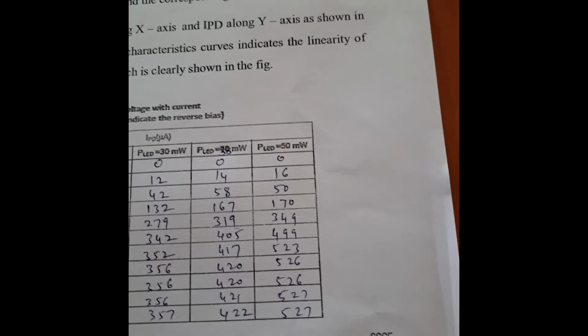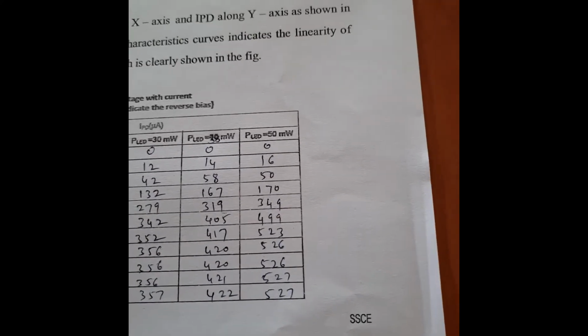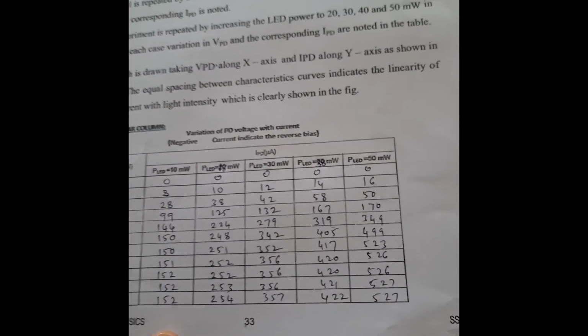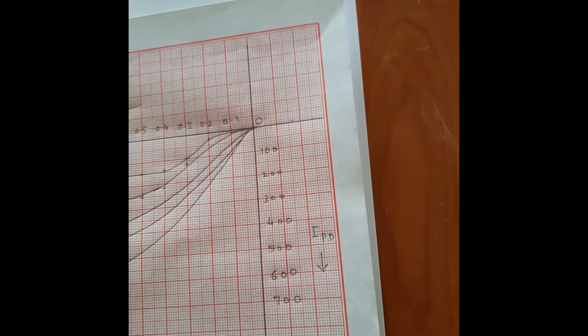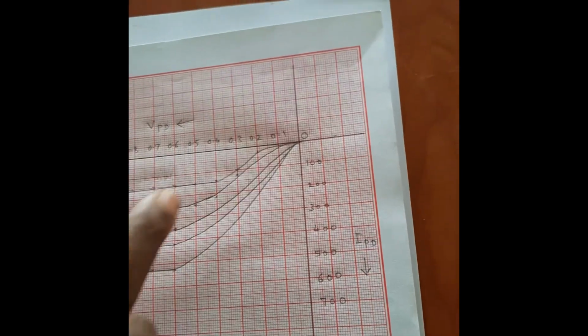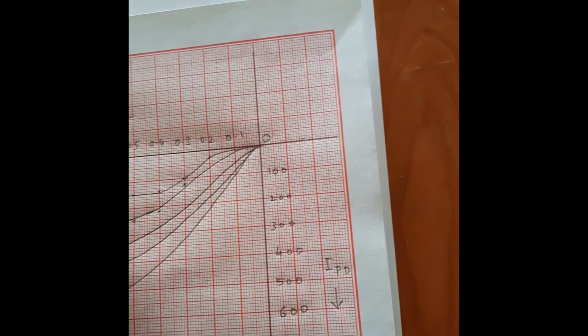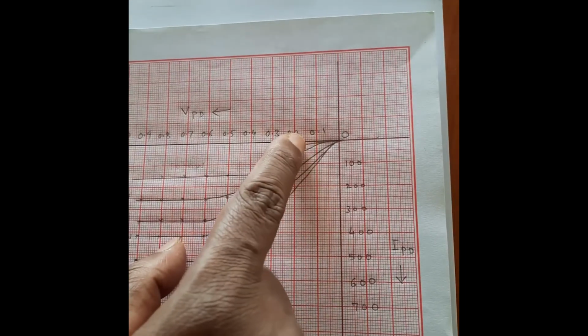If we plot the graph by taking current along the y-axis, this will be the picture of the graph that you are going to get. The third quadrant of the graph sheet is chosen. Voltage is recorded along the negative x-axis in steps of 0.1 volts.